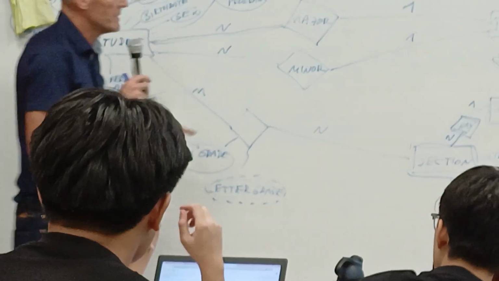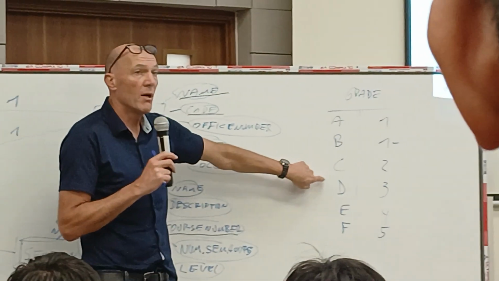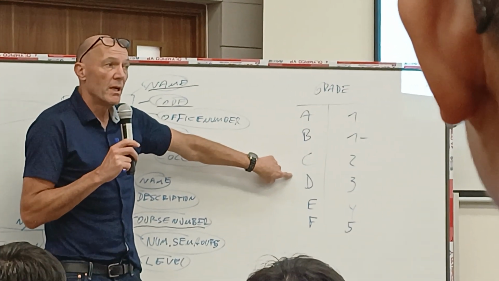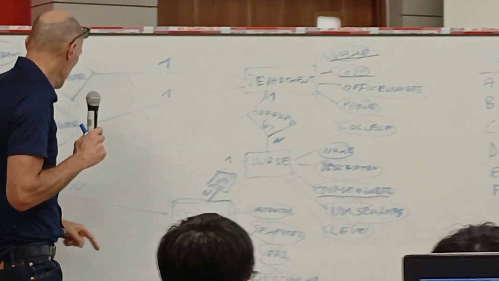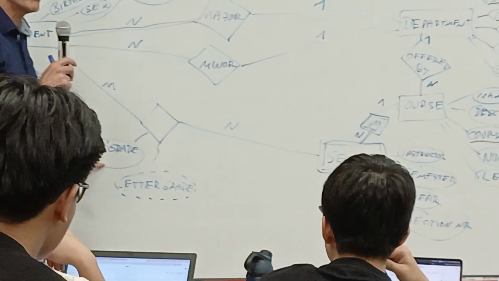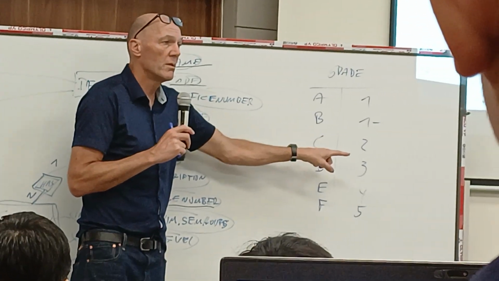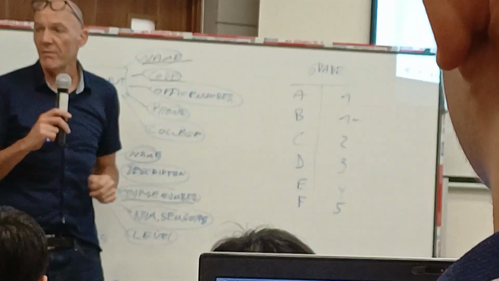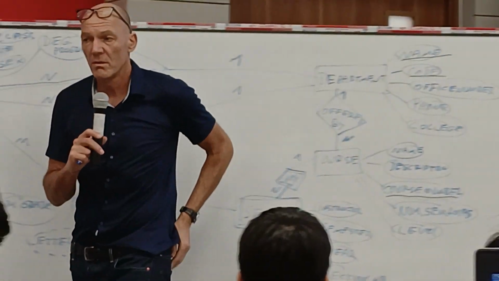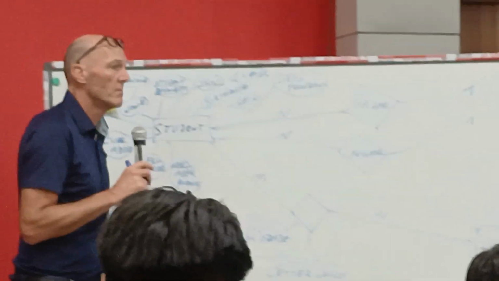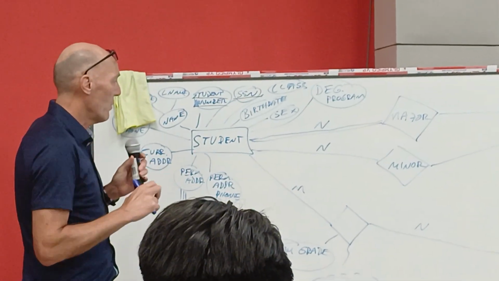So maybe we have somewhere a table like this in our database. And your Java program can read the numeric grade, then check the conversion here, and will be able to display the other value. Okay? So that's one option.